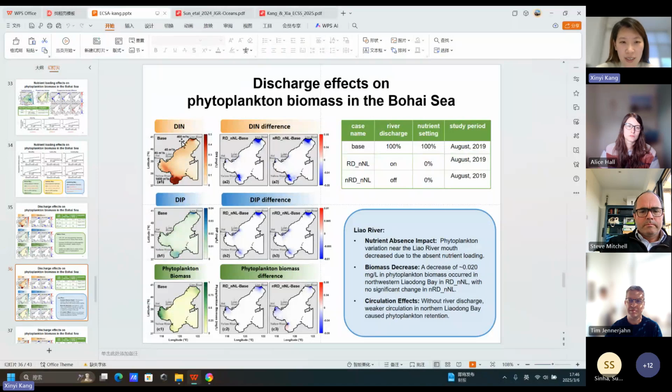For Liao River, this month is very unusual because I guess a not very strong typhoon passed. I also looked for a lot of information to check the river flux.